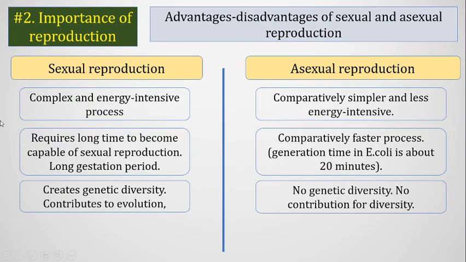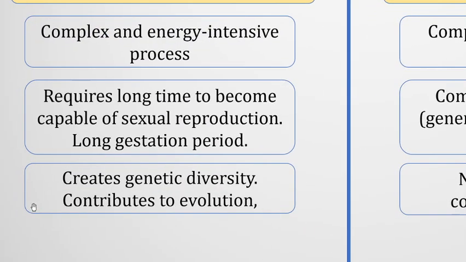And then sexual reproduction creates genetic diversity because it produces different types of male gametes and female gametes at different times. So the gametes produced in the body are not identical to each other. The offspring born at different times will not be genetically the same.